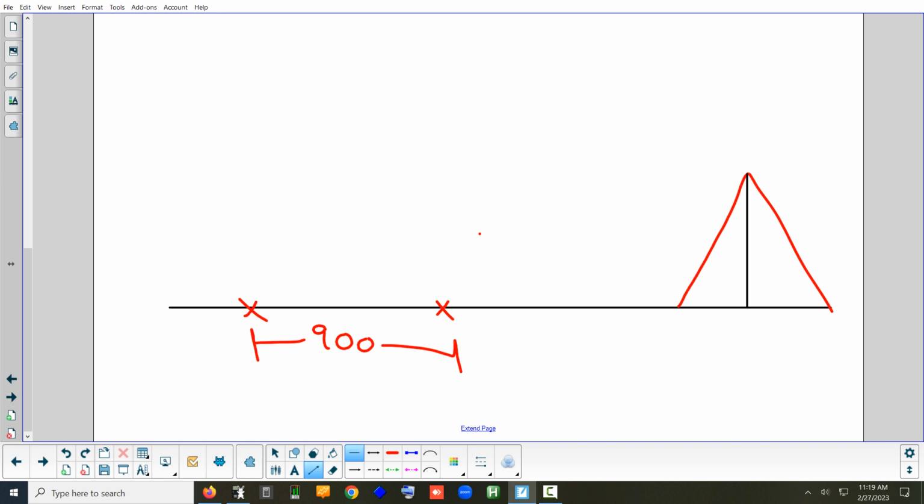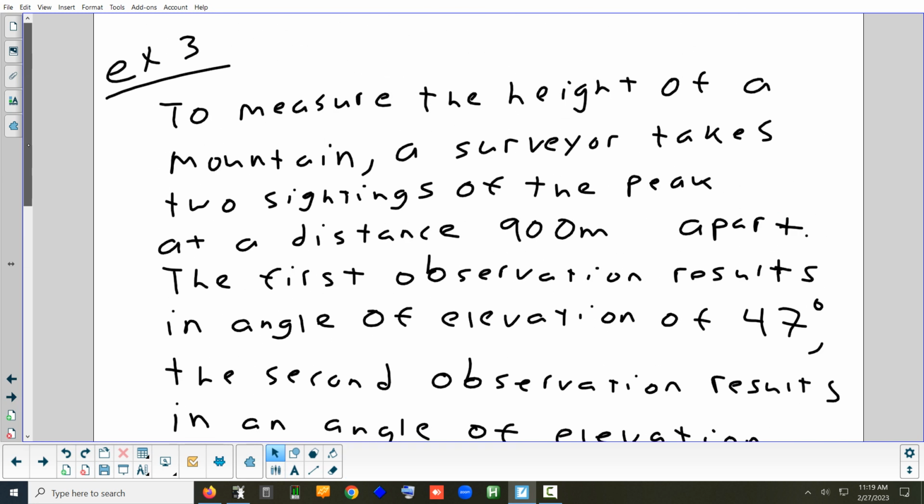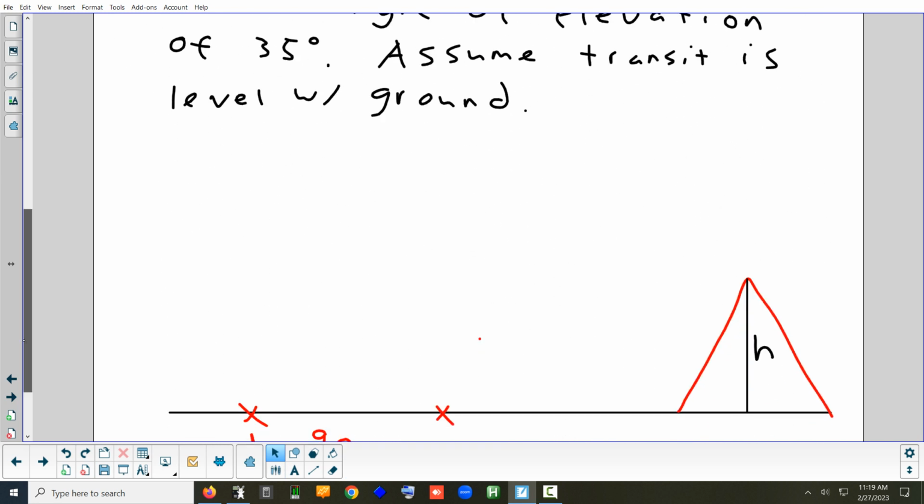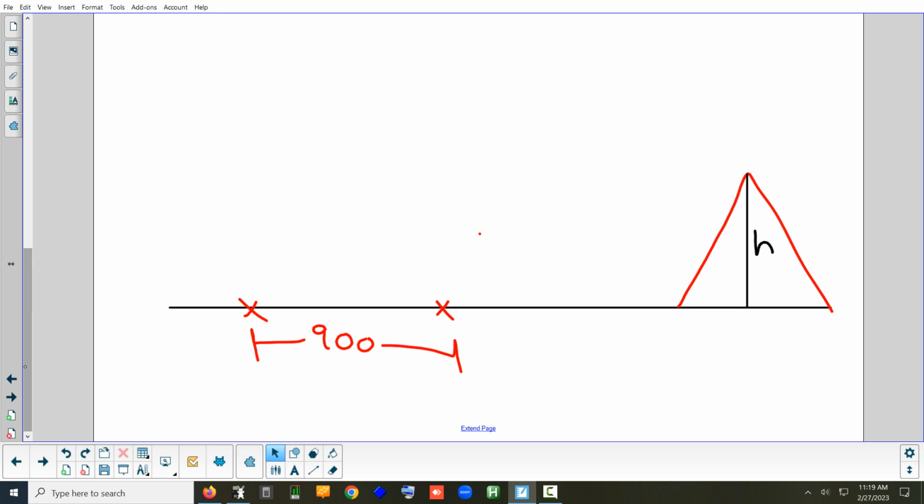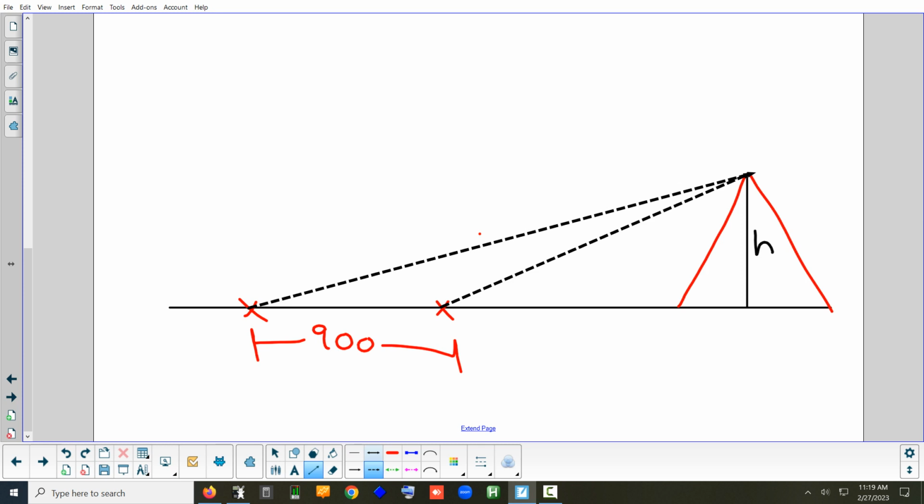That's the slant height. We want the height. So there's your height. And we're going to measure 2 different sightings to the peak. So imagine pointing a laser from where that guy's standing right at the peak. Basically, we do something like this. 1, 2.